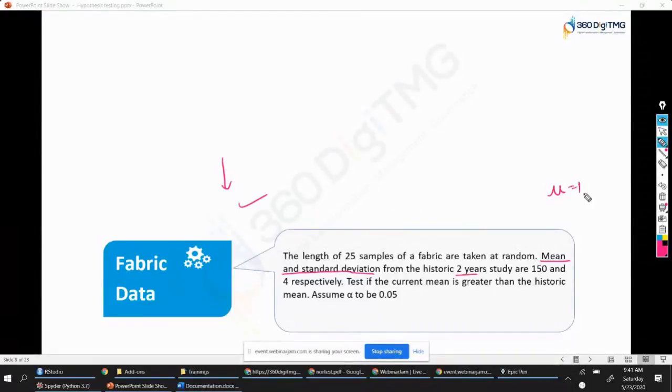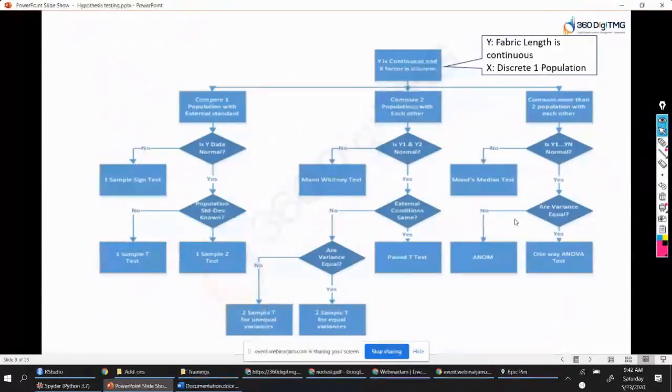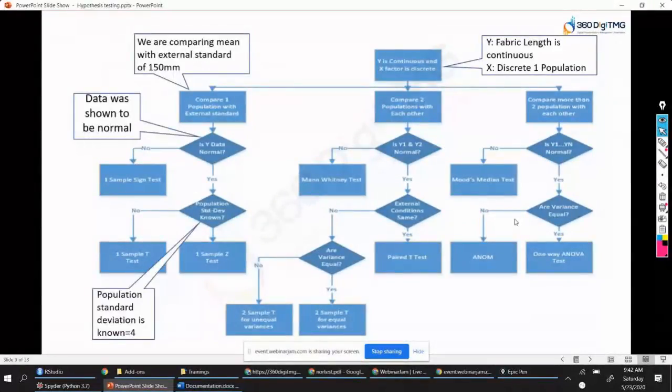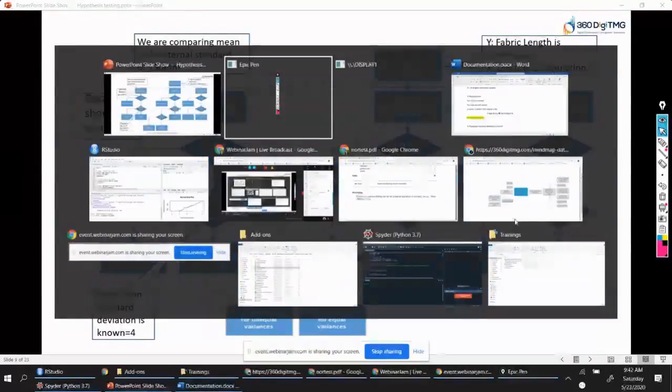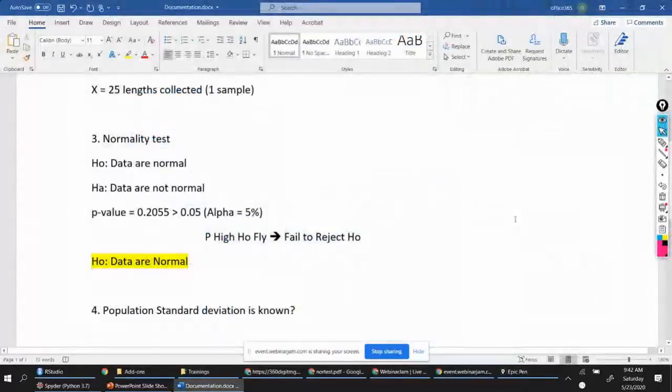So your mean 150 is population mean, and standard deviation 4 meters is basically your population standard deviation, sigma. Yes, it is known and it is equal to 4. So sigma is equal to 4 meters, which is given.